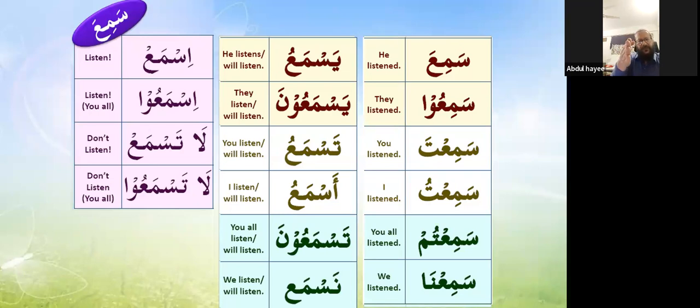Four fingers, Tasmauna. Nasmau. One finger up and down, Isma. Four fingers, Isma'u. One finger left, La tasma. Four fingers, La tasmau. Four fingers to self, Samena. Those four fingers up, Yasmauna. Tasmauna.